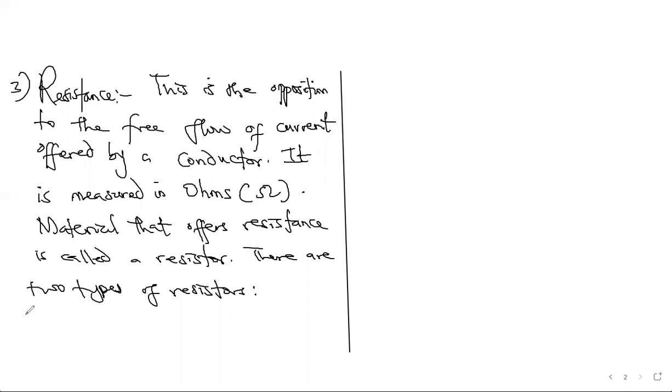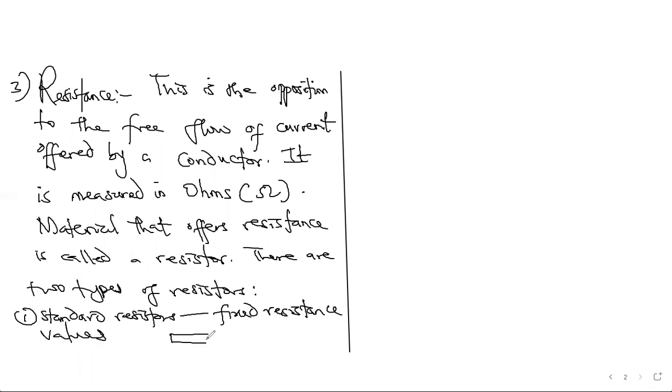We have standard resistors, with fixed resistance values. And let me just give you the symbol quickly. You see it like this in circuits, or you see it like this, or you see it like this in circuits.